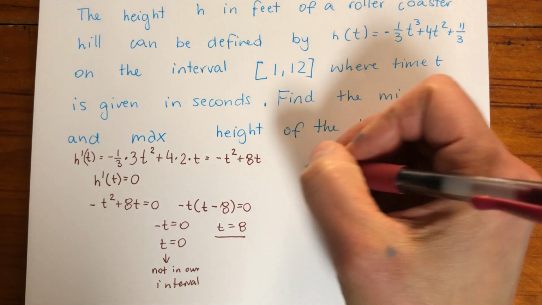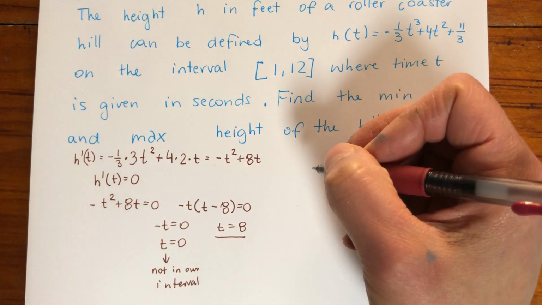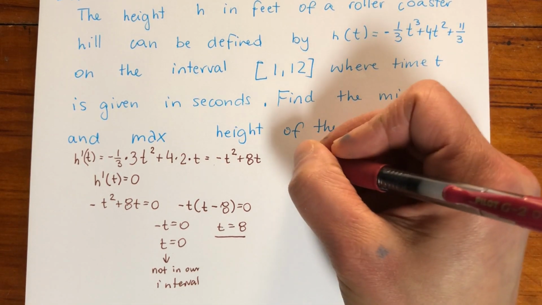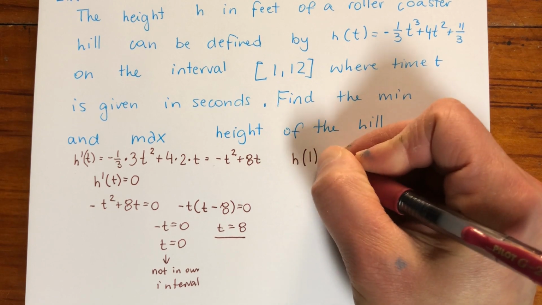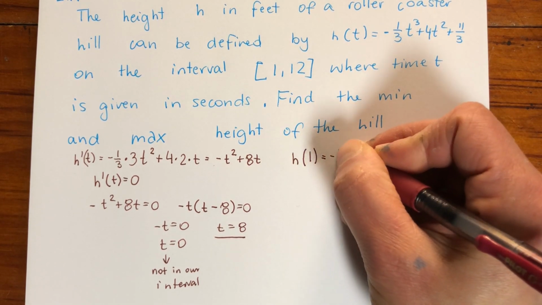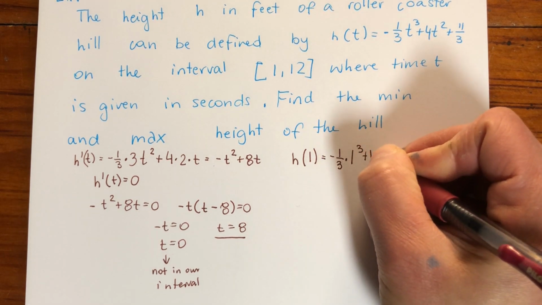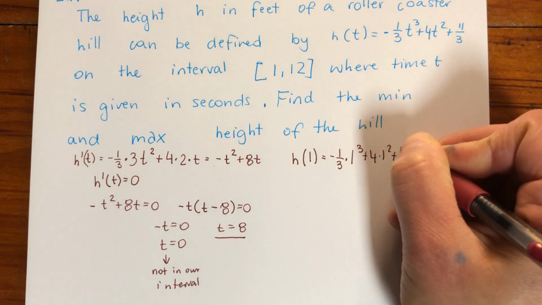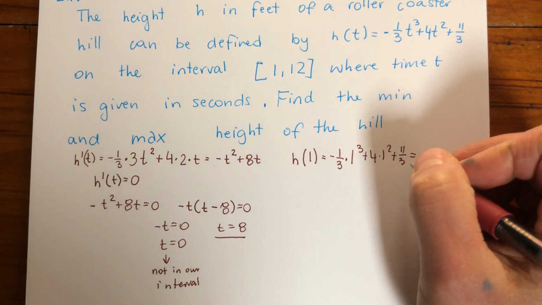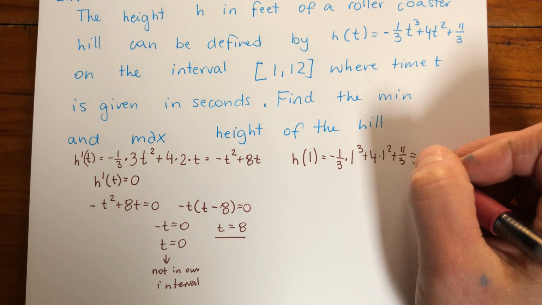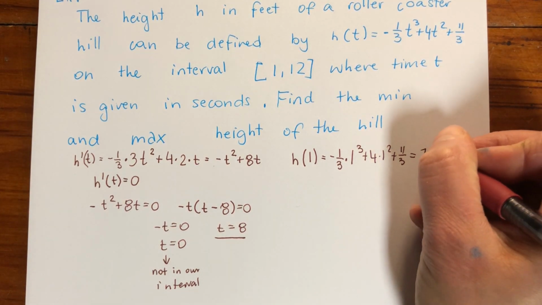But what we are going to do is plug these into our original function. So I am going to figure out what h of 1 is, and that is going to give me negative 1/3 times 1 to the power of 3 plus 4 times 1 squared plus 11 over 3. And I will tell you, because I already calculated that, this is going to be equal to 7.33.